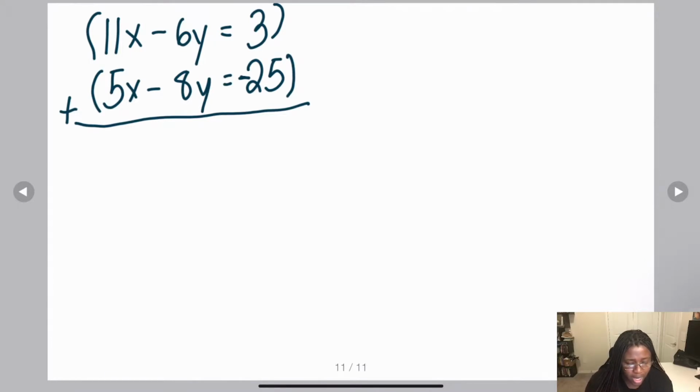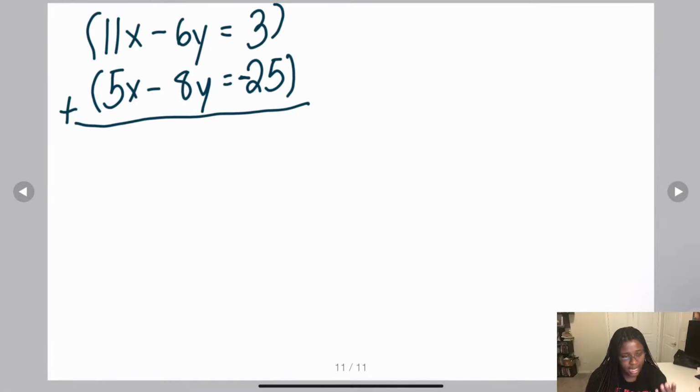So for the top one, we want to think now, what is the smallest number that 6 and 8 can go into? We can start with 6. Obviously, 6 cannot work because only 6 can go into 6 one time. 8 cannot go into 6. Let's try 12. 6 can go into 12 2 times, but 8 cannot go into 12. So let's just keep going.